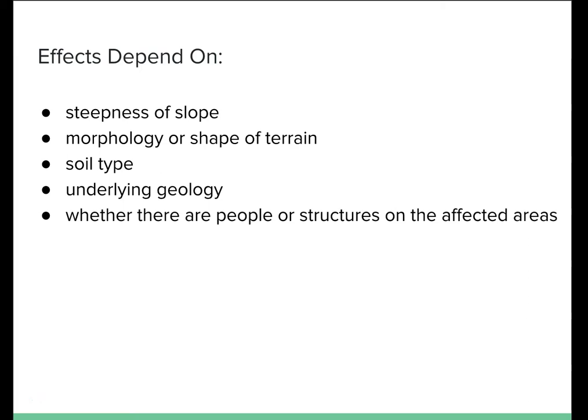So that means the types of rocks, along with their porosities and permeabilities, how they respond to different things like stress. Do they fold? Do they break? And again, like layers, and how are they tilted and moving? Are they faulted? There's a lot going on there. And then, of course, the people. What kind of structures, what have we done to that shape of the landscape over time that ends up affecting it?